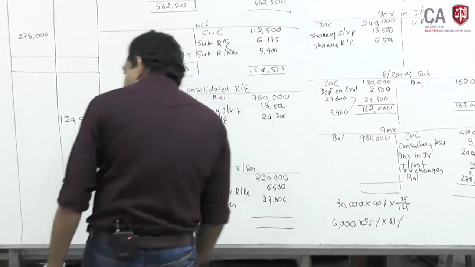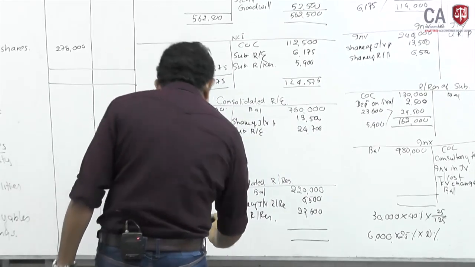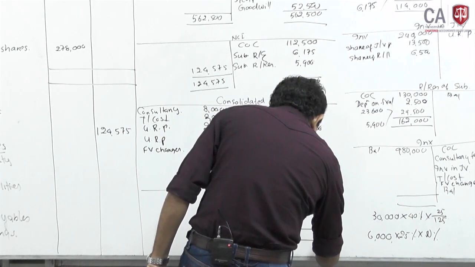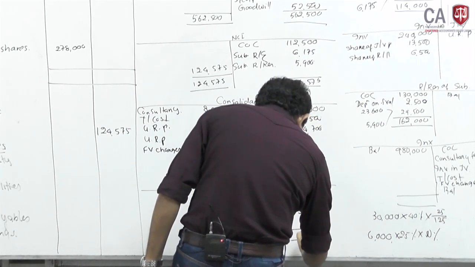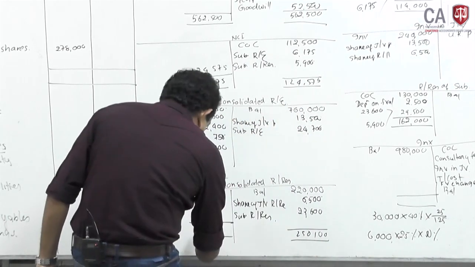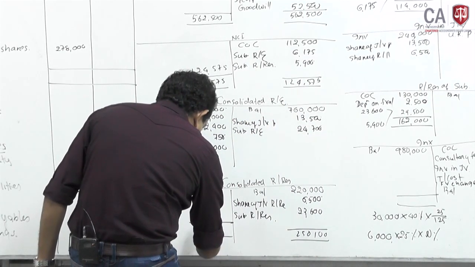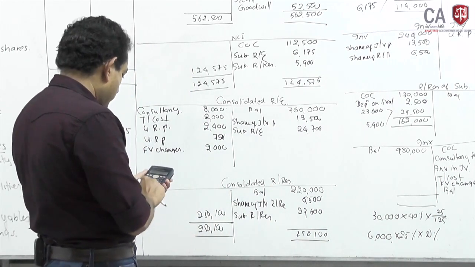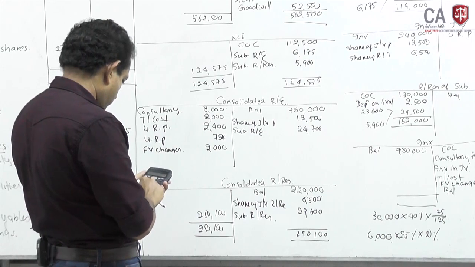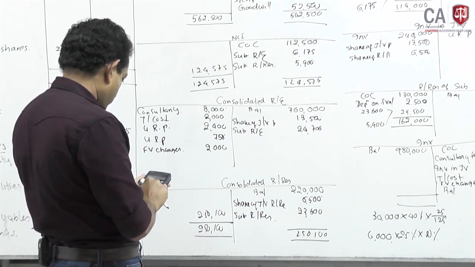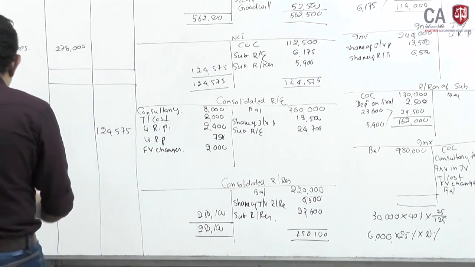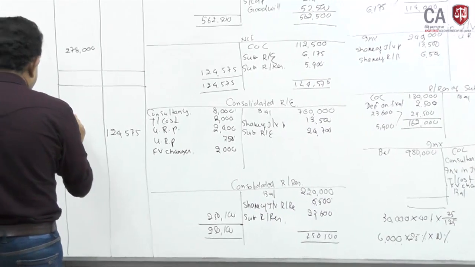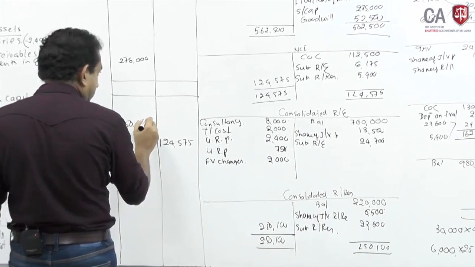Consolidated revaluation reserve: 250,100. Bring it to the balance sheet. Consolidated revaluation reserves, 250,100.